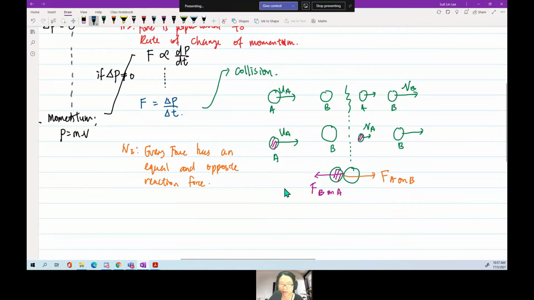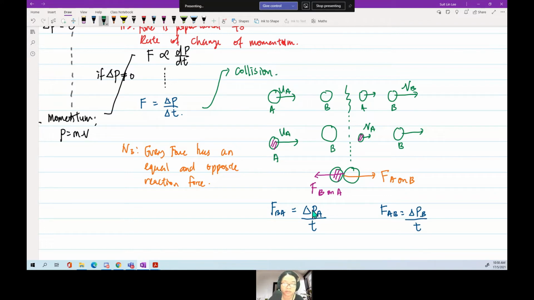So here, there's a past year question where you can write, if you want to find the force of B on A, because this is the force acting on A, FBA, we will take this as the change in momentum of A divided by the contact time. How long are the balls touching each other? Because when they collide, they will distort a bit. And then FAB would be the change in momentum of ball B divided by the contact time.